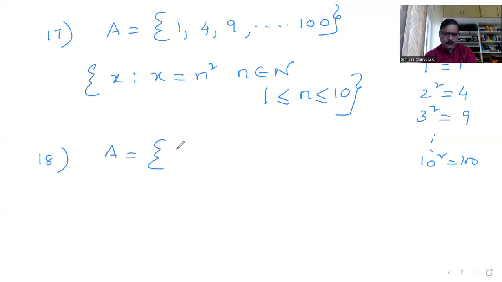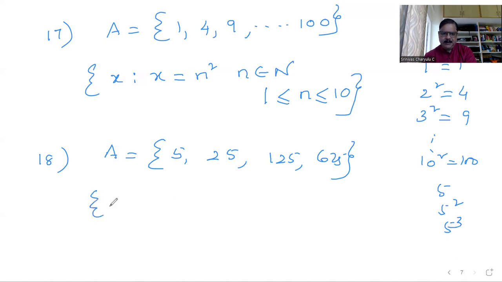A is equal to 5, 25, 125, 625, like that. So observe here, 5, 5 square, 5 cube, like that it is going on. Same way you can write set of all x, x is equal to 5 to the power of n.